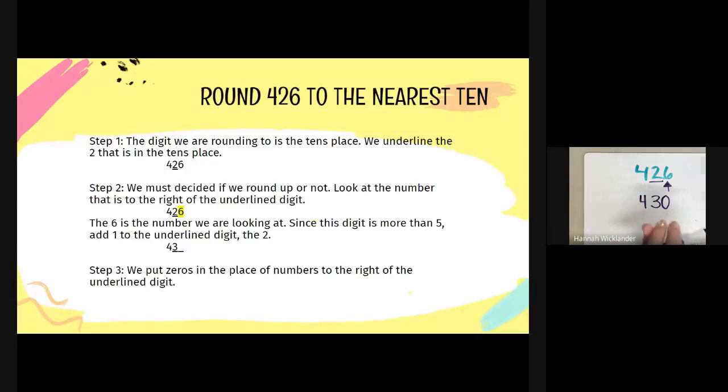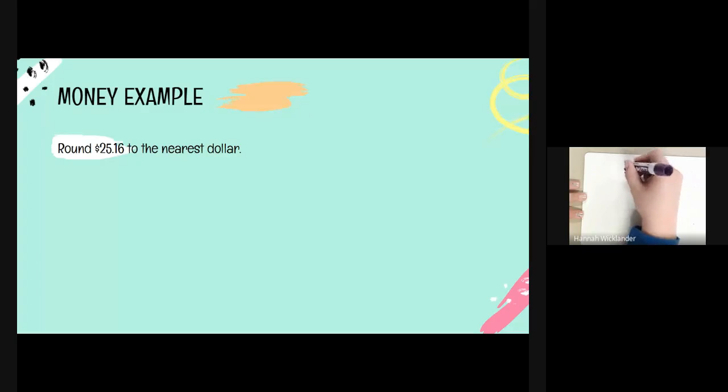Okay. Now we're going to do an example with money, and then I'm going to let you guys practice one. And then we'll do a couple more. Okay. Round $25.16 to the nearest dollar. So what is in the dollars place?